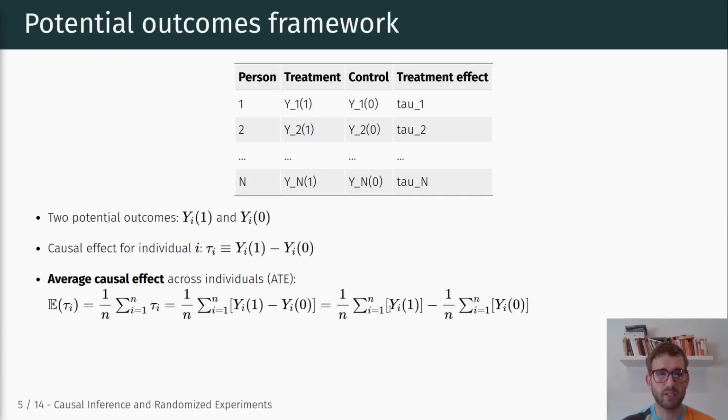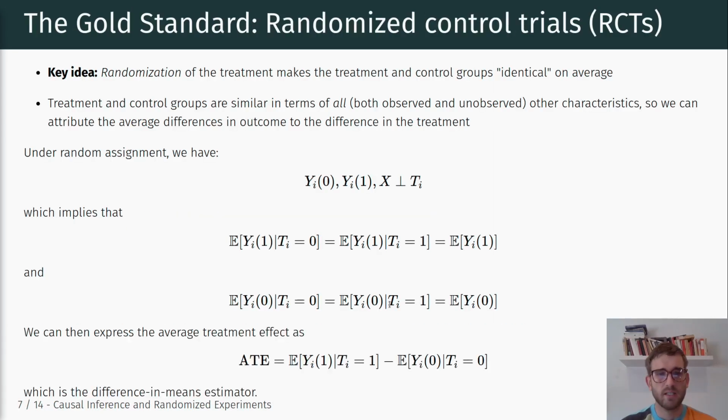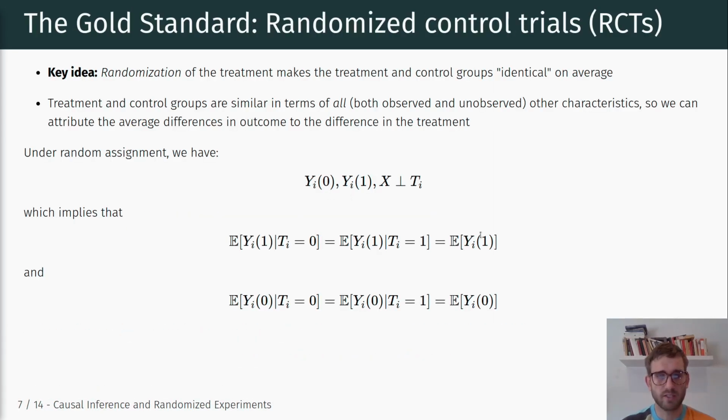So we cannot directly compute this average causal effect or this average treatment effect. But if this condition holds, then we can replace this expectation of yi1 or this expectation of yi0 with the expectations that we can actually observe, which is for the treatment group, this expectation right here, and for the control group, the expectation right here.